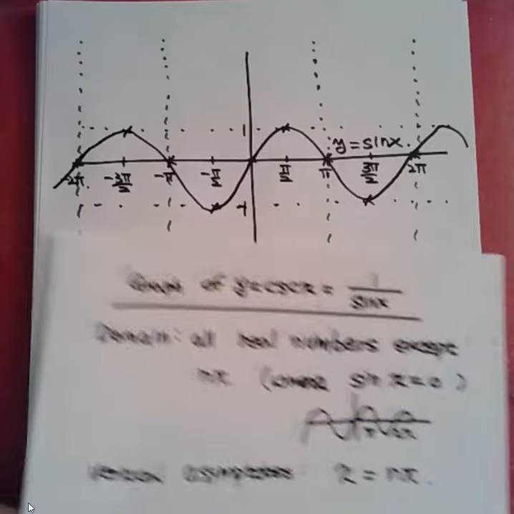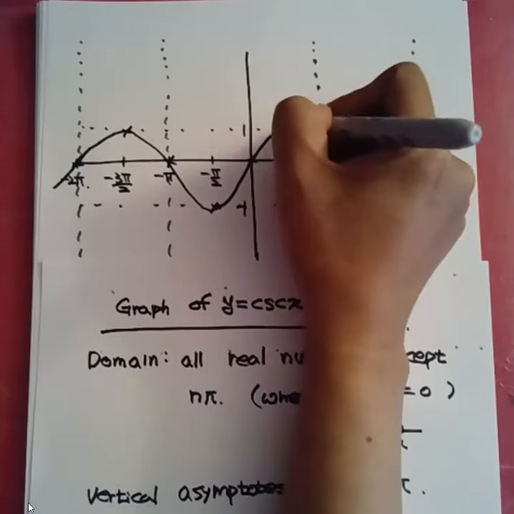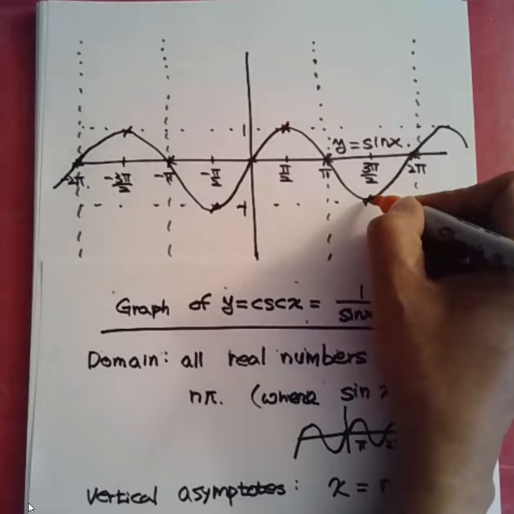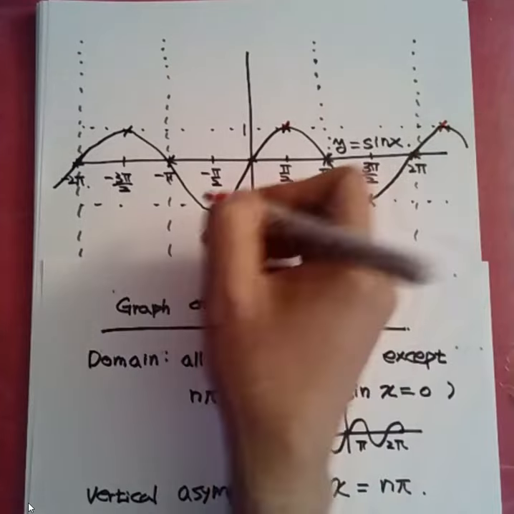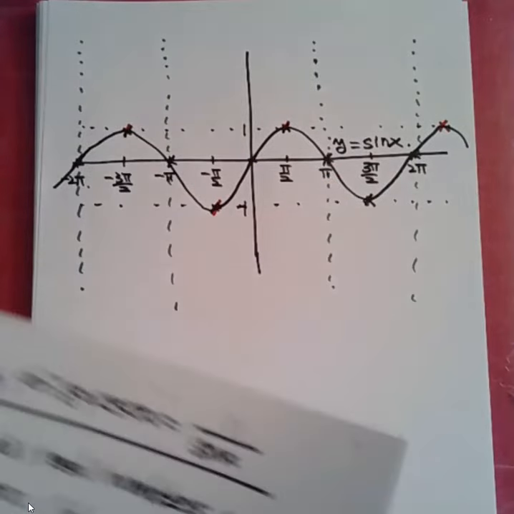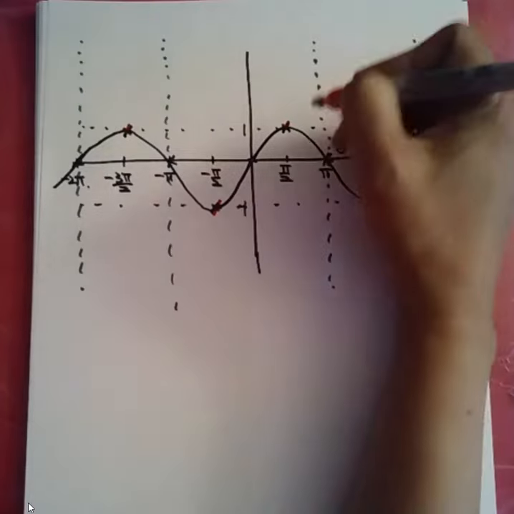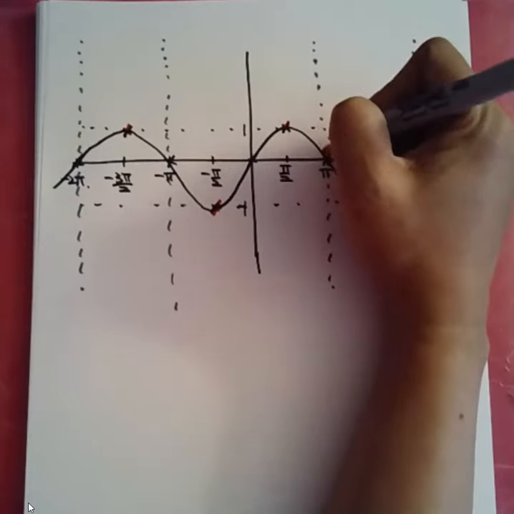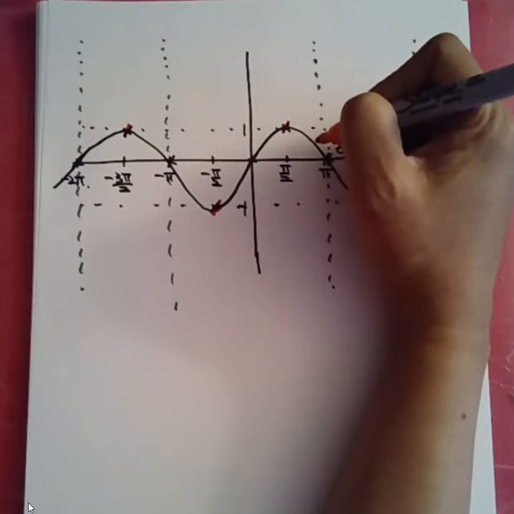We are thinking about the reciprocal of this function. So 1 over 1 will be 1, and 1 over -1 will be -1. 1 over 1 is 1, and so on. So they share points, but we are thinking about the reciprocal. When the function value gets smaller and smaller, the reciprocal will get larger and larger.